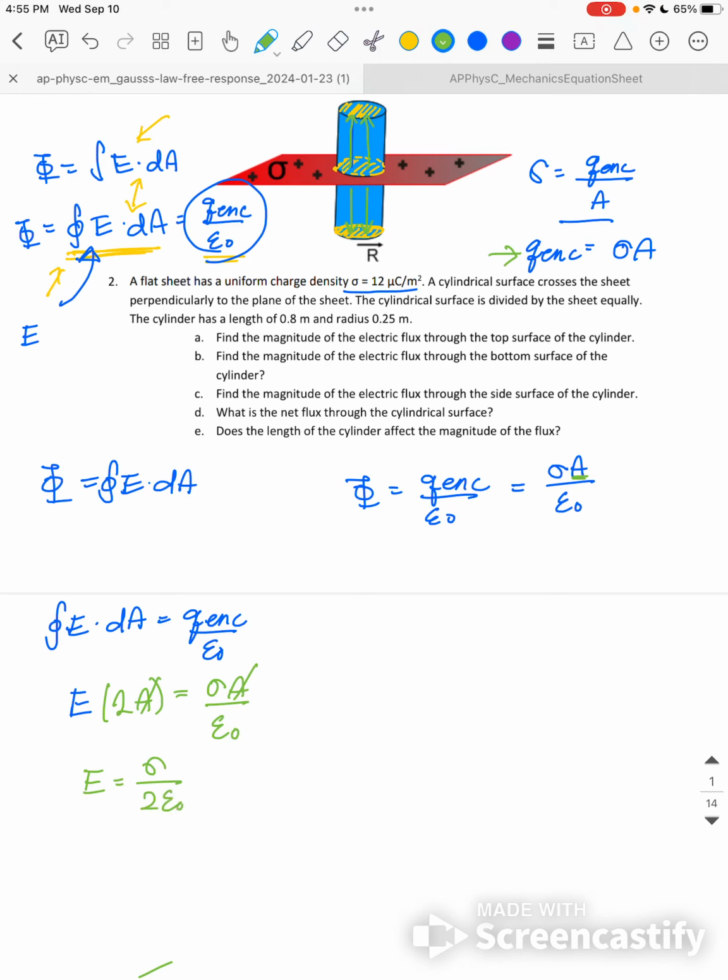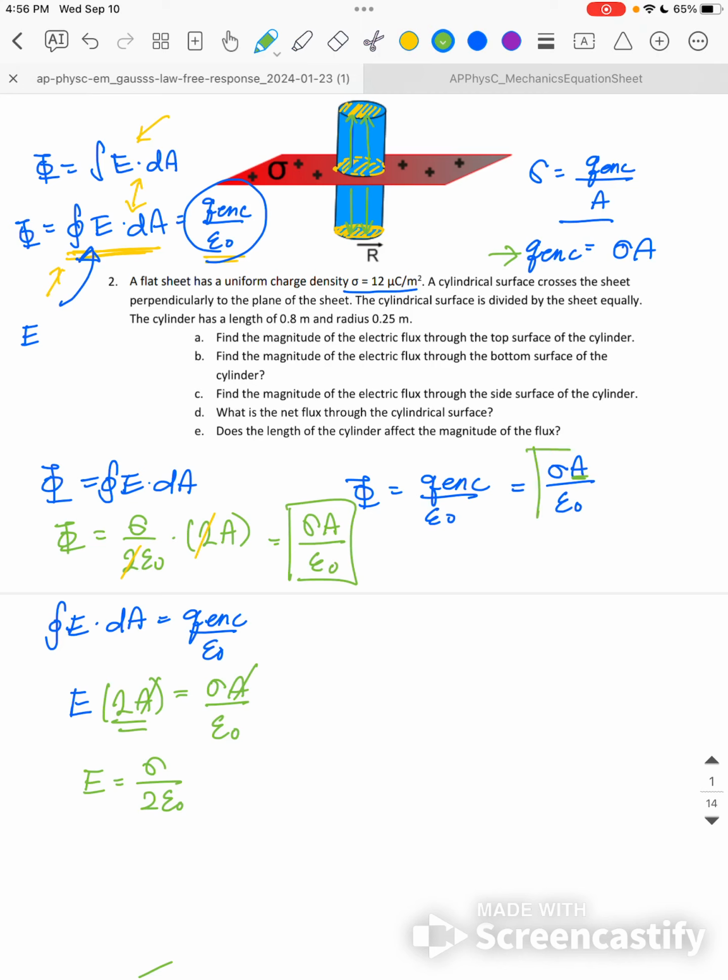Now when I plug that back up into my expression, I get sigma over 2 epsilon naught times dA. And I already said dA was 2A. And so when I simplify this, I also get sigma A over epsilon naught.